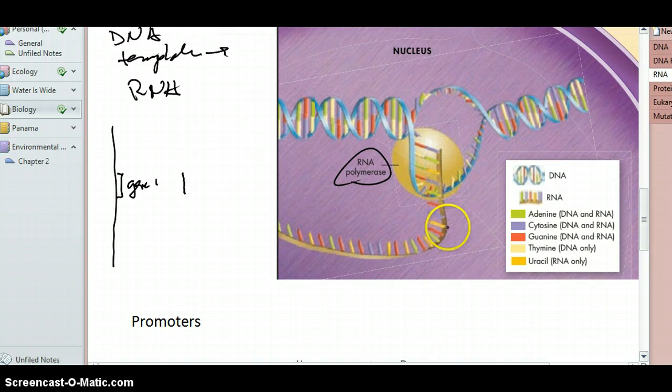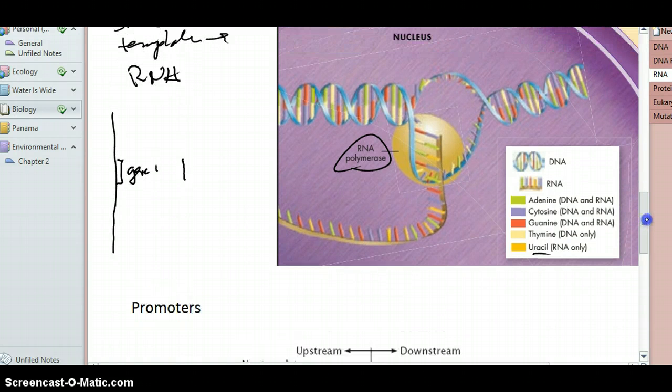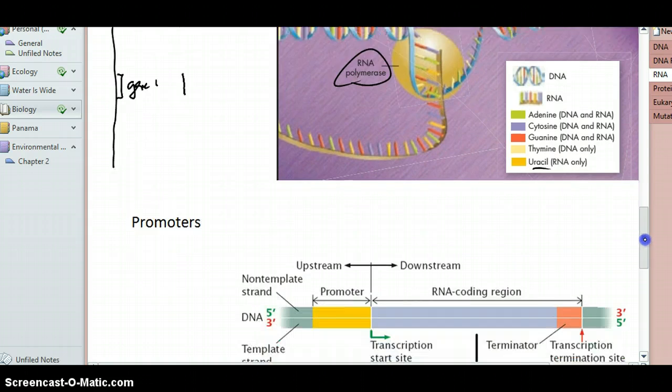Note again, our RNA is single-stranded, and we have uracil instead of thymine. So as you build up the RNA, where you would have put a T if you were building DNA, because we're building RNA, we put a U instead.